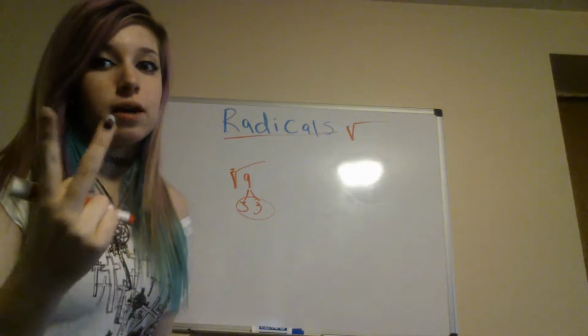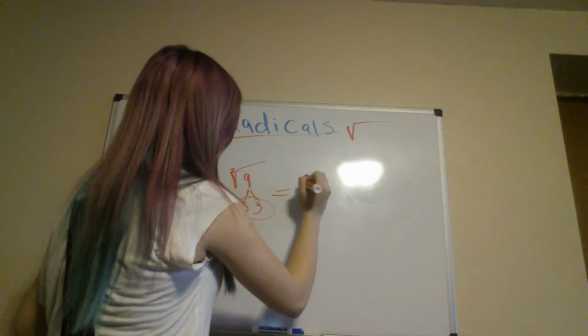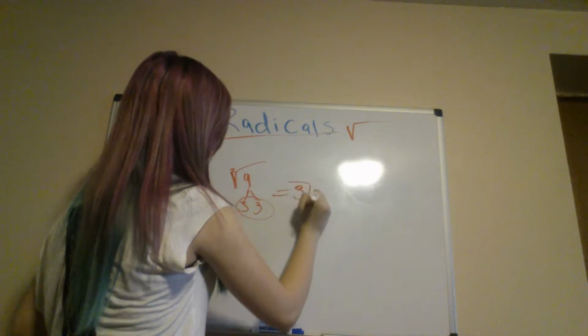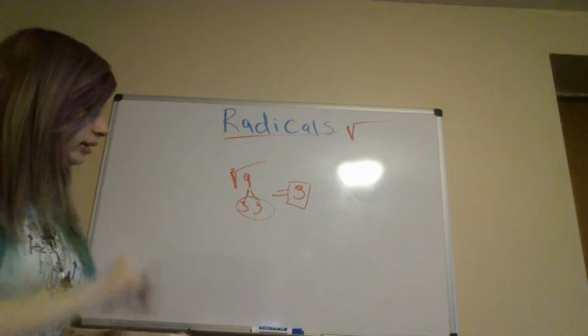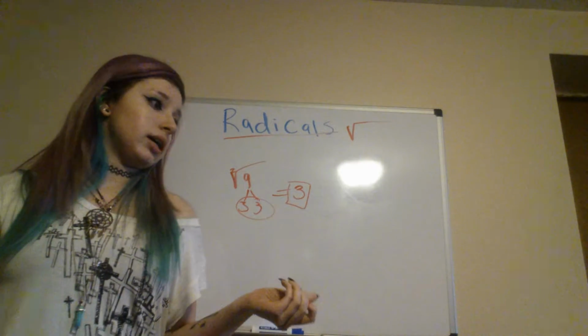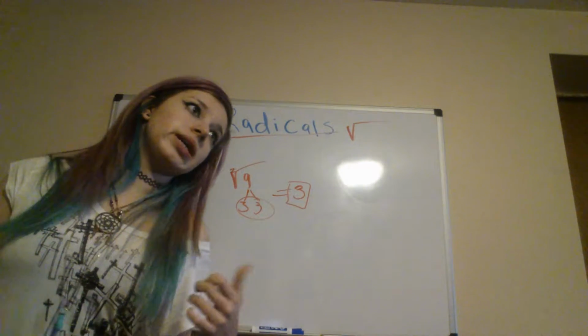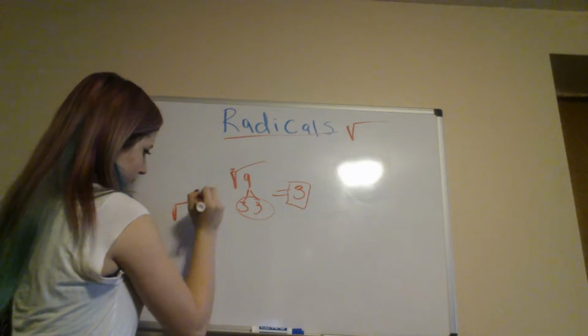That is a group of 2. So that means that the square root of 9 would just be 3. Right?